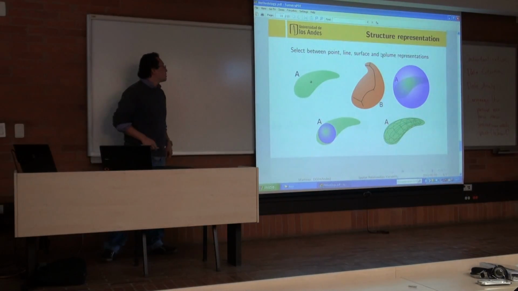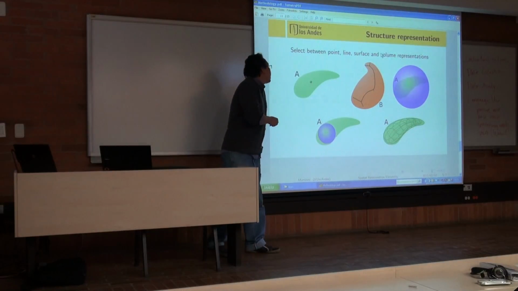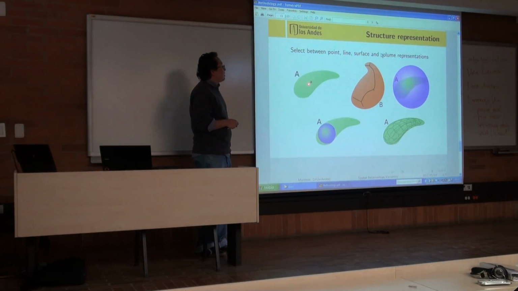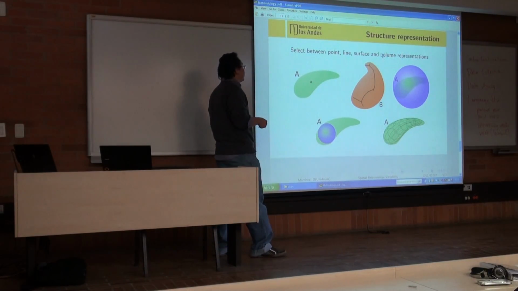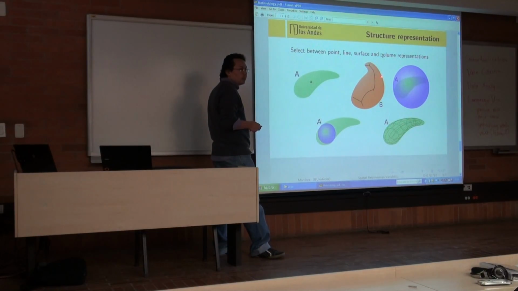So, for the representation, we use a mass center as a single point. We also use the ultimate erodible point, that is another procedure, I won't go into that. Also, we have a linear representation. This one is a skeleton.